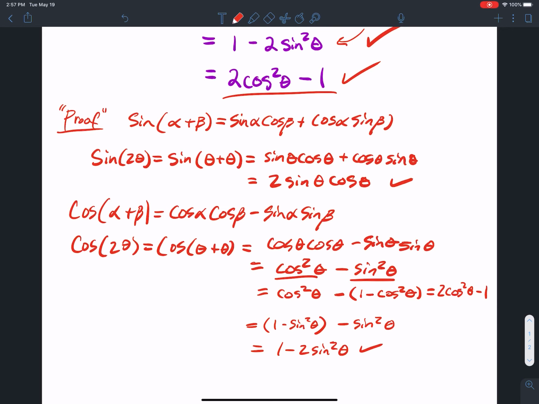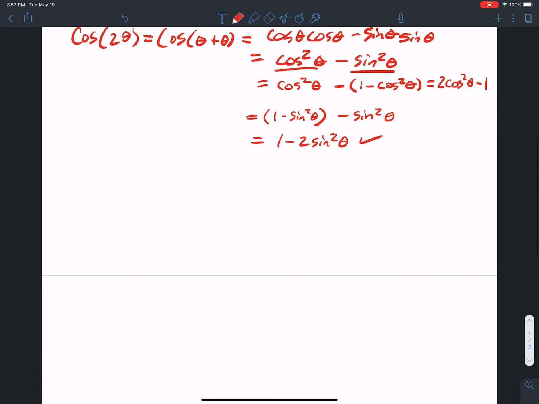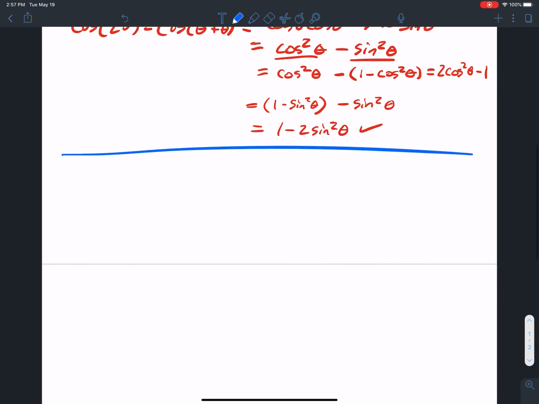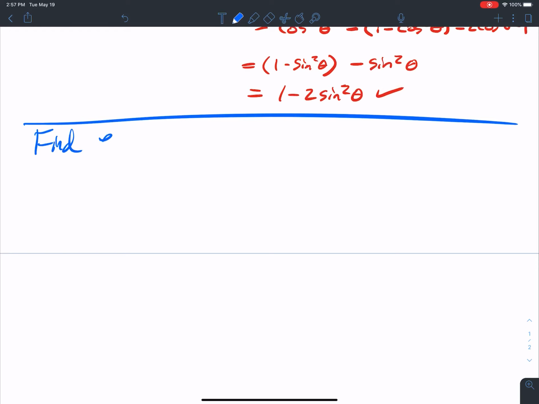Let's find the exact value. Okay, so let's work through a problem. So what are we asked to do? Find the exact value using double angle formula.